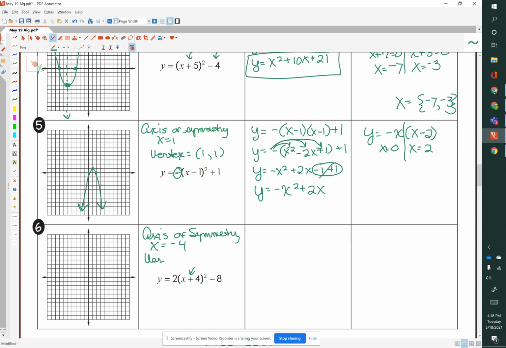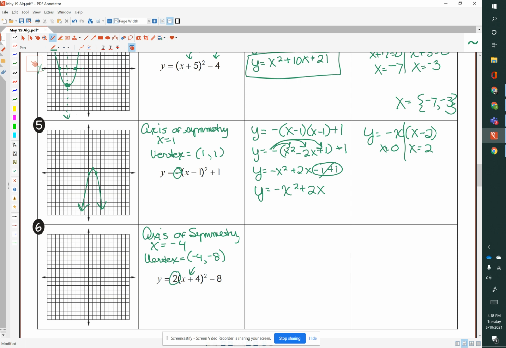And our vertex is going to be negative 4, negative 8. And this is going to be stretched by a factor of 2.